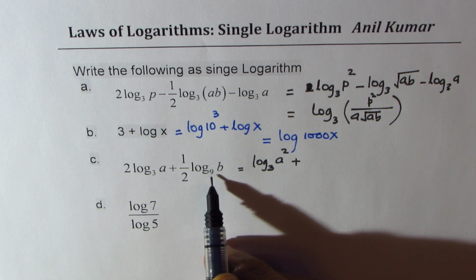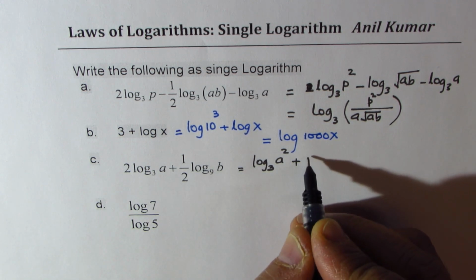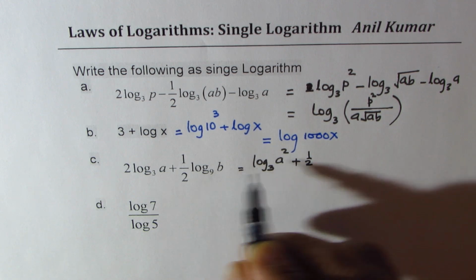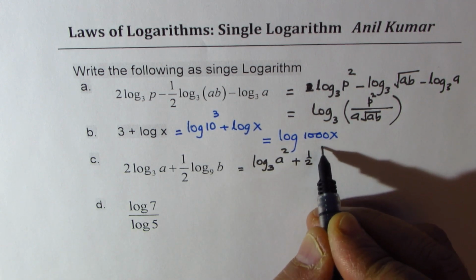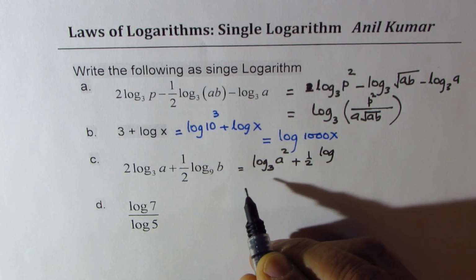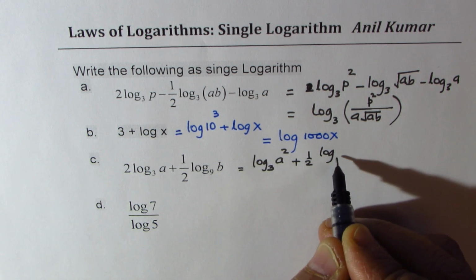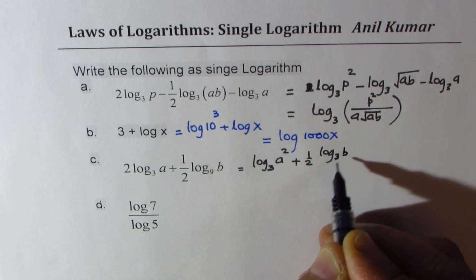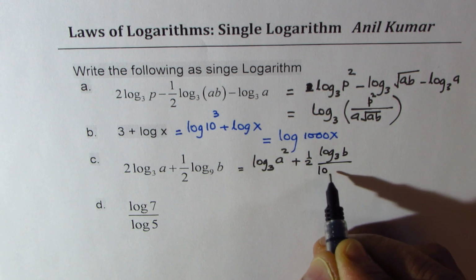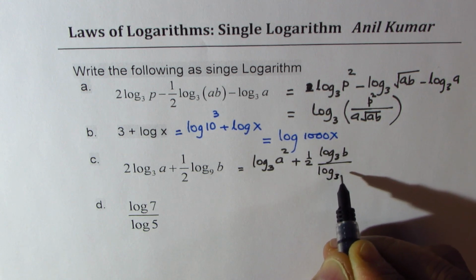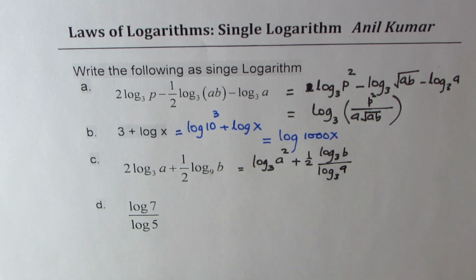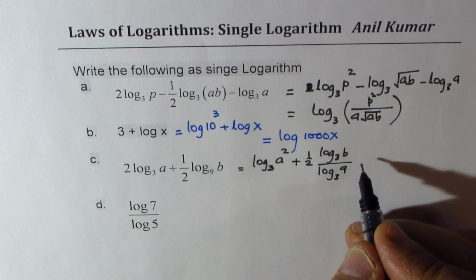Well, let me keep half as such here for the time being. We are doing change of base, okay? So log to the base 3 of b divided by log to the base 3 of 9, we can do like this. You get an idea, right? So that is the change of base formula.